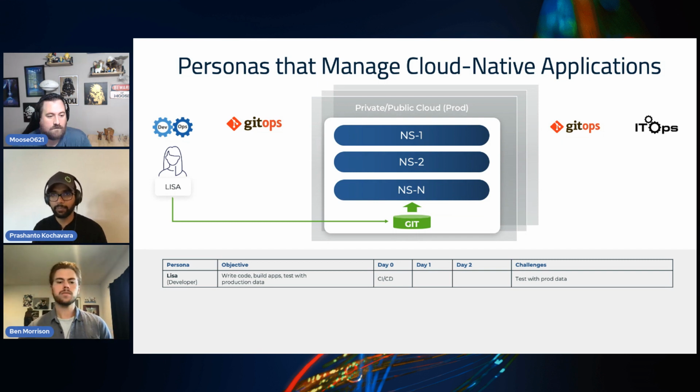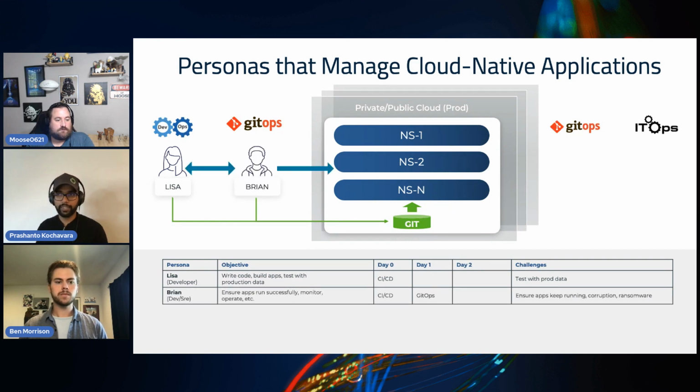Lisa is the developer who is 80% of the time writing code, building microservices, and focused on developing the application. And her main challenge again is to ensure that she can test with production data, so that she can increase the success of delivering software back to customers.